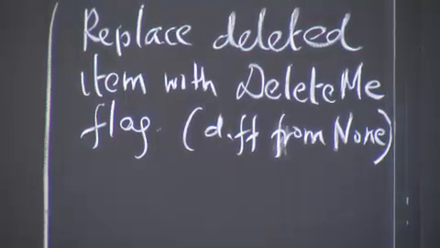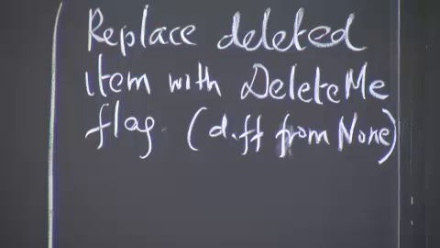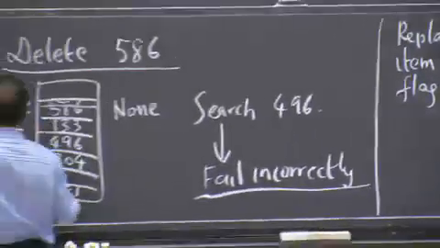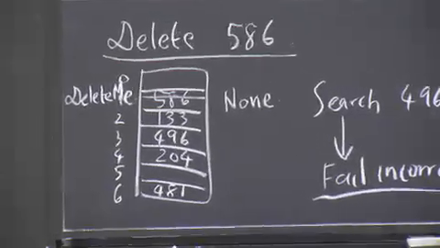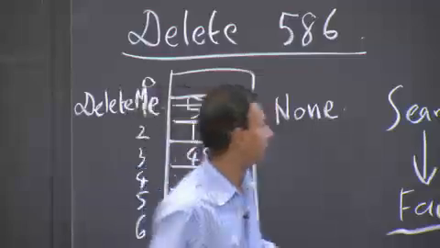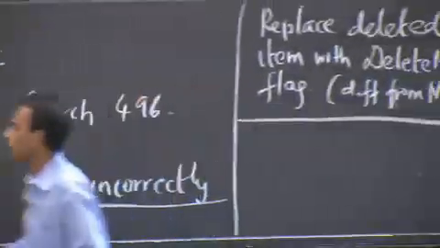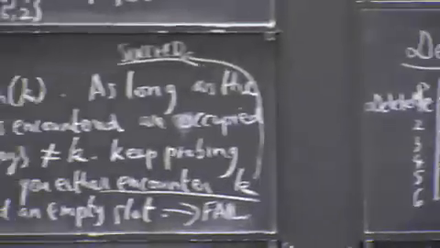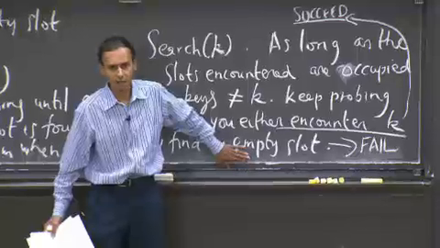And that's going to be important because now that you have a different flag and you replace 586 with delete me, you can now do different things in insert versus search, right? So in particular, you'd have to modify this slightly because the notion of an empty slot means that you're looking for none.